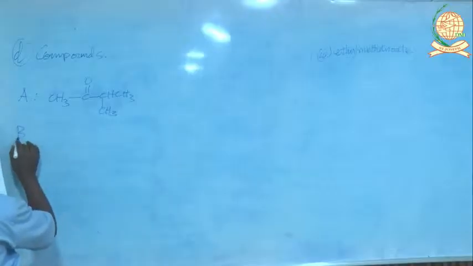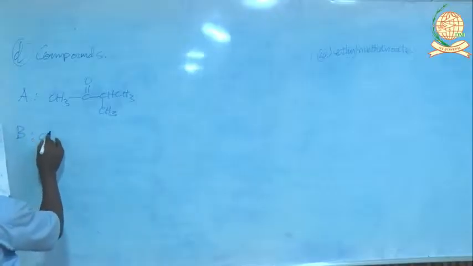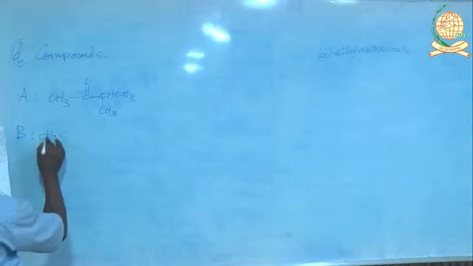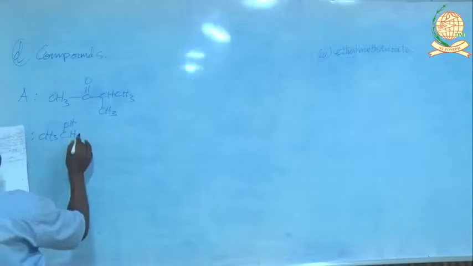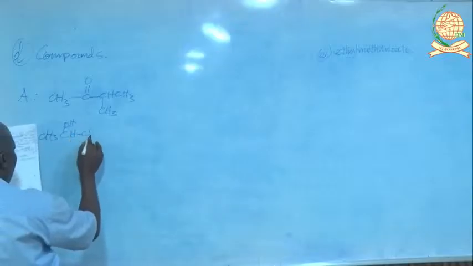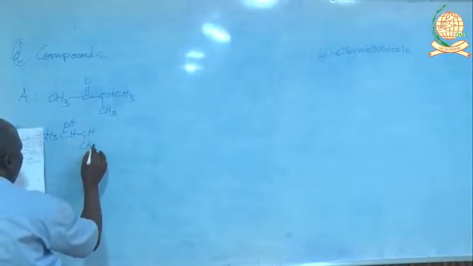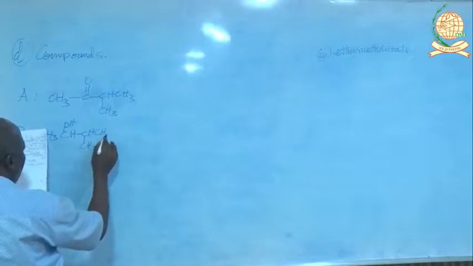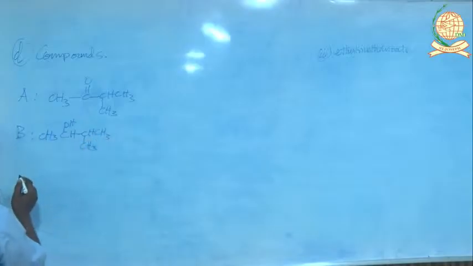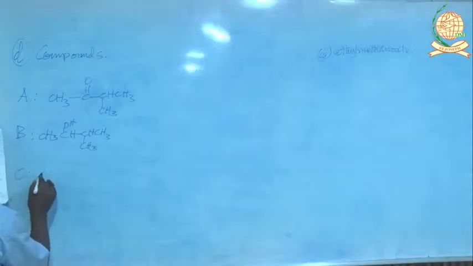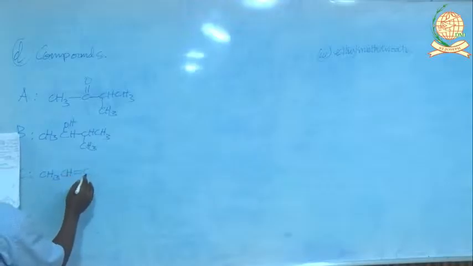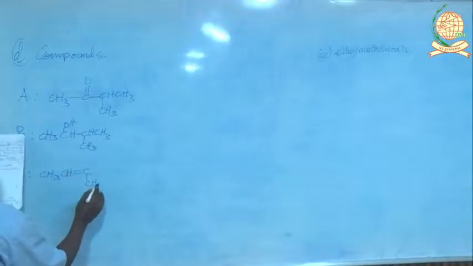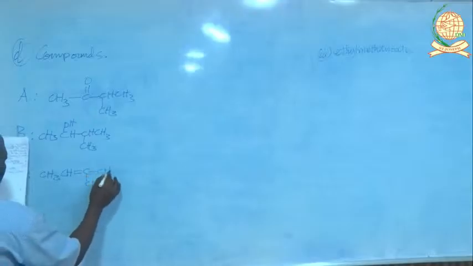Then compound B is CH3, CH, OH, then CH3, CH3. Then compound C is CH3, C double bond C, then CH3, CH3.